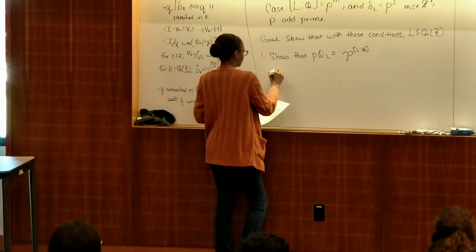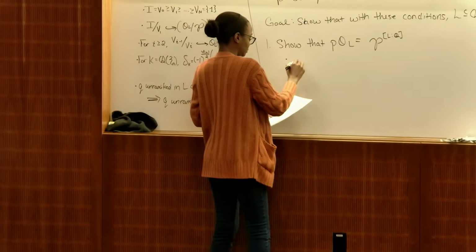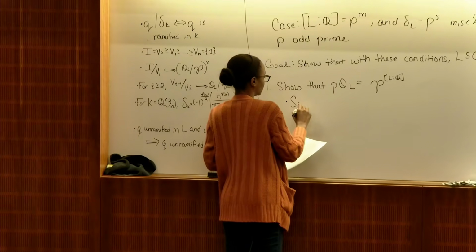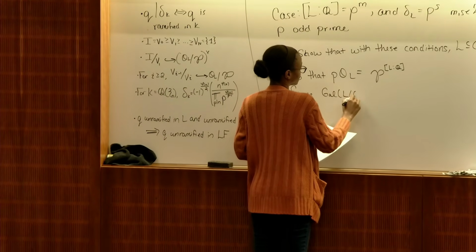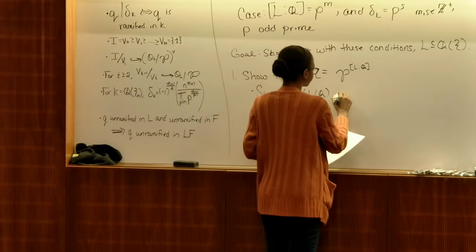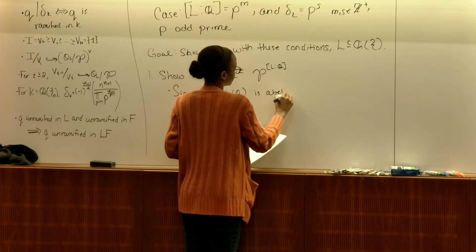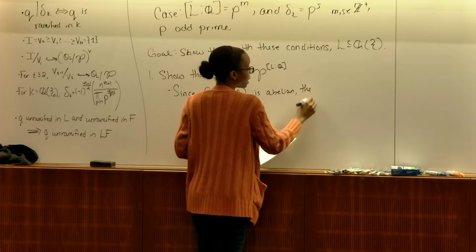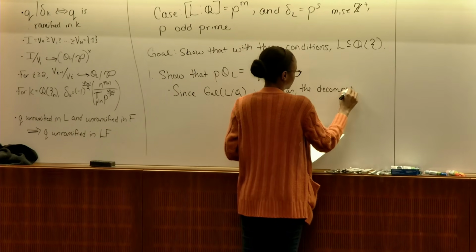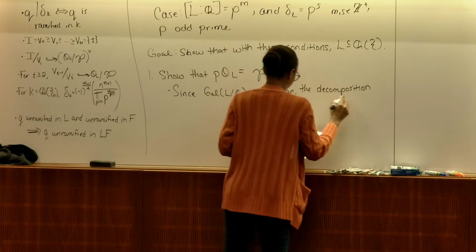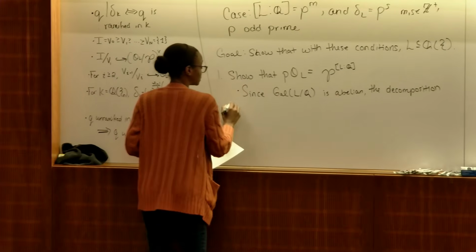All right, how do you do this? Well, since our Galois group is abelian, all of its subgroups, and in particular the decomposition group and inertia group, are normal.